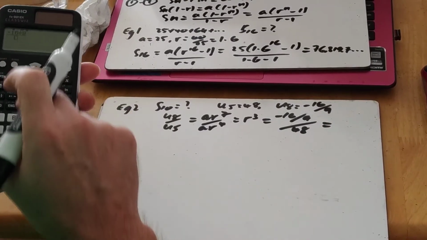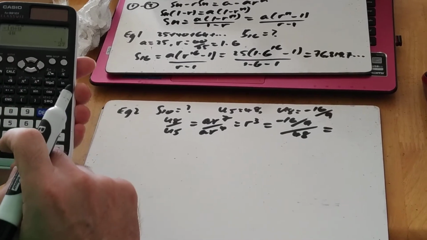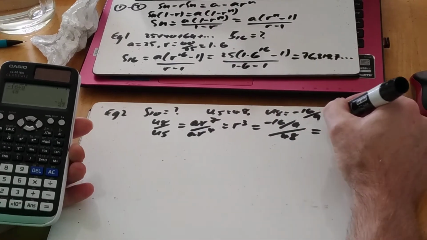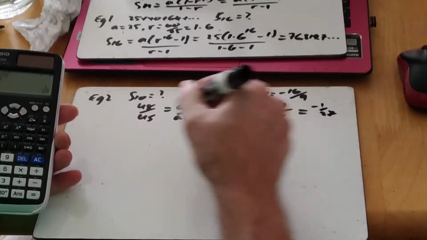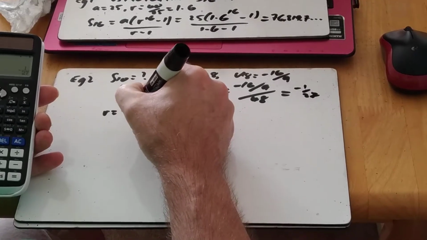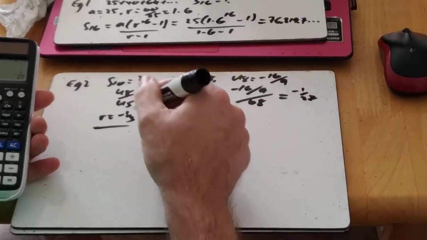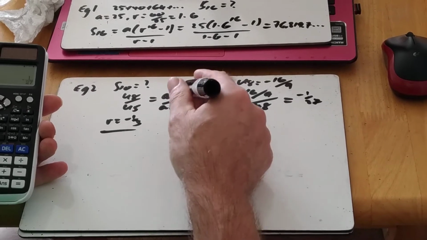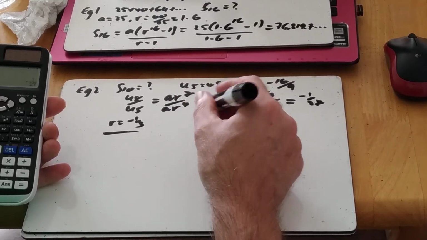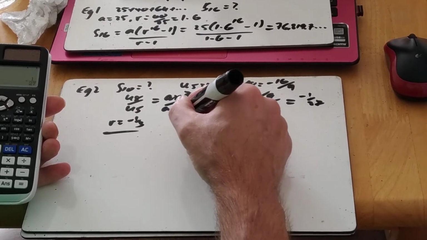So minus 16 divided by 9 and over 48 equals minus 1 over 27. So r will equal minus a third. So I can then stick that into either one of these ones. Ar to the 4 equals 48.